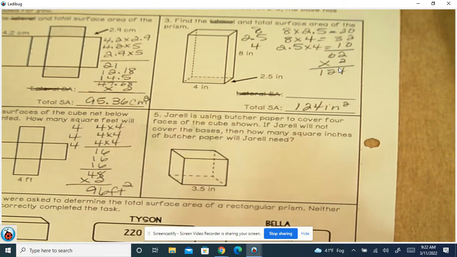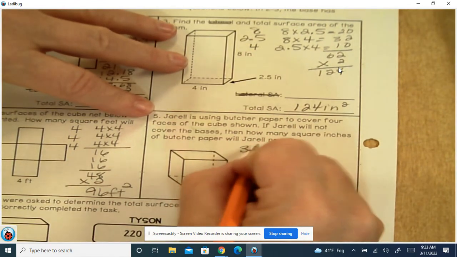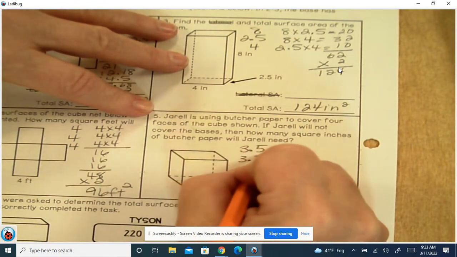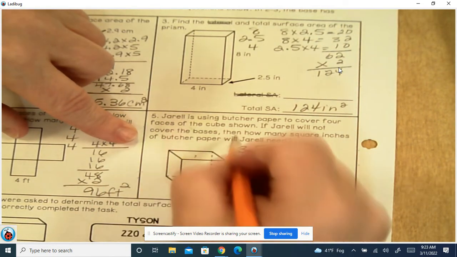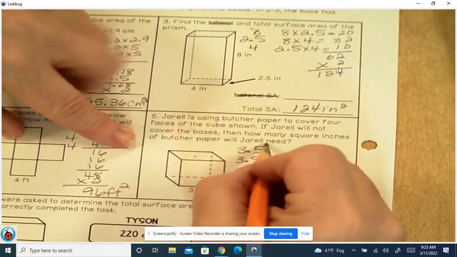Number 5. Jarrell is using butcher paper to cover 4 faces of the cube shown. So he's covering 4, and it's a cube, so we're going to have just 2 numbers, 3.5. If Jarrell would not cover the bases, and that would be the top and the bottom, then how many square inches of butcher paper will Jarrell need?